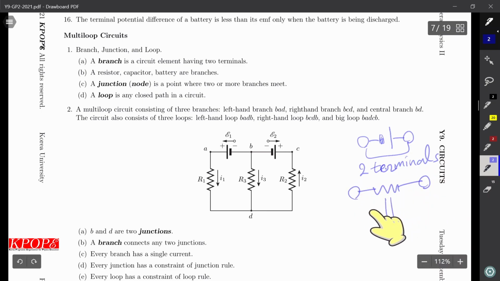A capacitor has two terminals. An inductor has two terminals. So any circuit element having two terminals is called a branch. A resistor, capacitor, battery are branches.